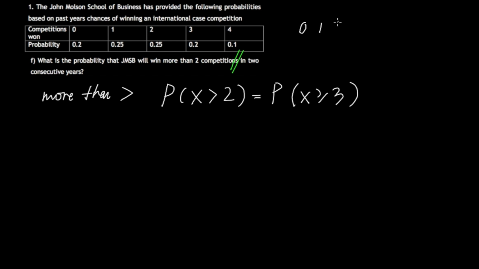We write all our outcomes down. The probability of it being greater than 2, so we don't take the 2 into account, is equal to what? This right here, which is the probability of it being greater or equal to 3. Okay, so we start taking into account from 3. So let's find that first part.